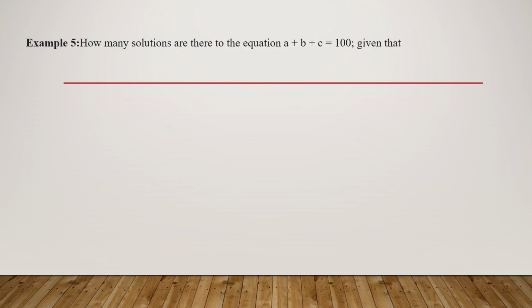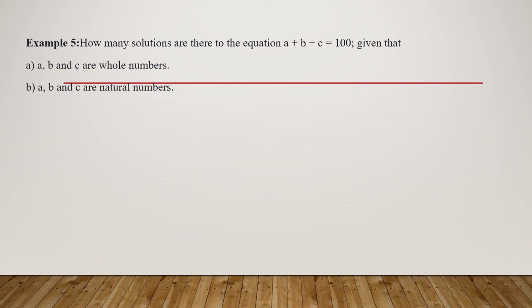Example 5. How many solutions are there to the equation a plus b plus c equals 100, given that case 1, a, b and c are whole numbers, and case 2, a, b and c are natural numbers? Now, you might wonder how this question is related to permutation and combination. Actually, this is like distributing 100 chocolates among 3 children. Case 1 is considering the 0 possibility also, that means the possibility of a child getting 0 chocolates.